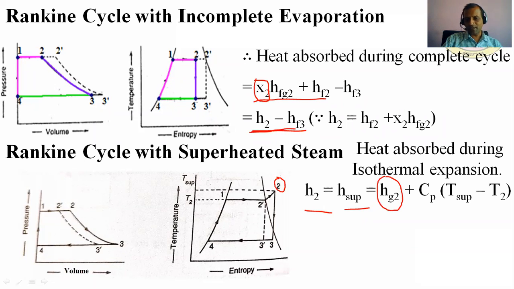So the heat supplied to become dry saturated steam is hg2 plus Cp times (T superheat minus T2). This is the superheat. After dry saturated steam, this much heat is required to take the point from 2 dash to 2. You have to add that, then H2 becomes superheated steam, right? These are the two conditions for the Rankine cycle.